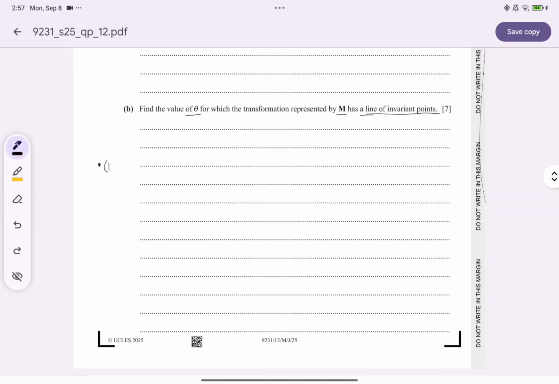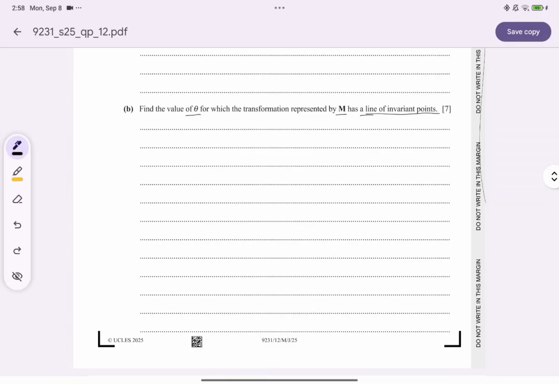Let's say we have our point 1, 0. When it's applied by a matrix, if it remains 1, 0, it's invariant. And we have to know that the origin is an invariant point. The origin never changes no matter what transformation you apply.